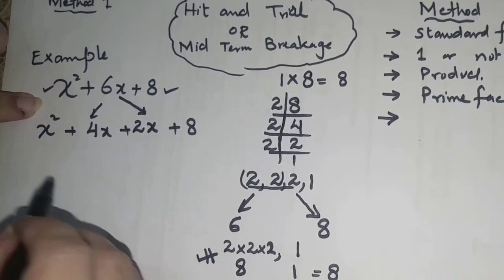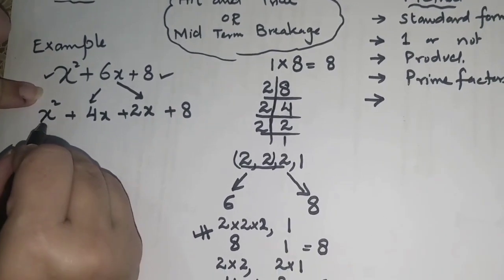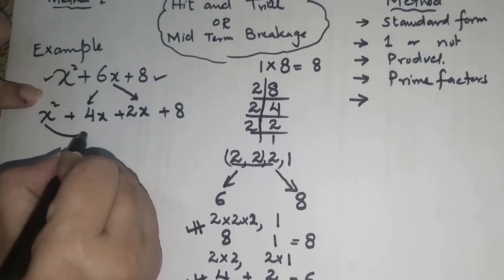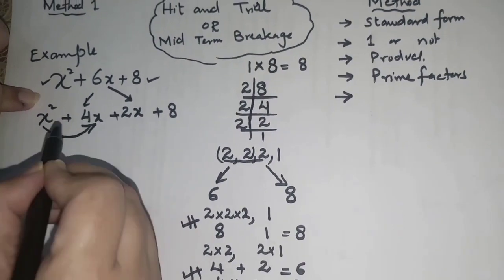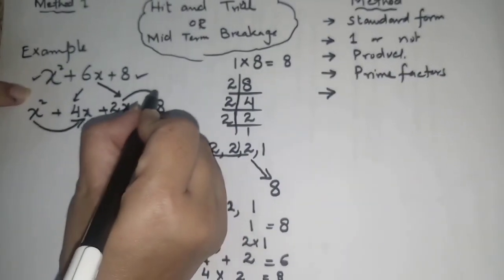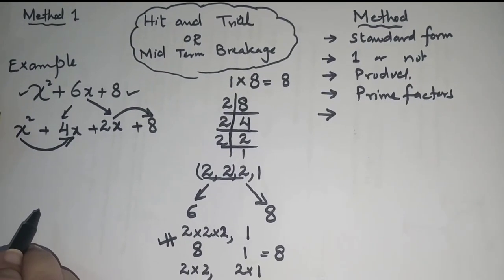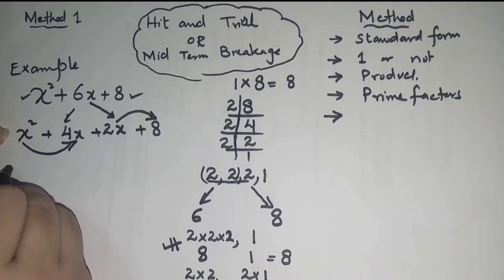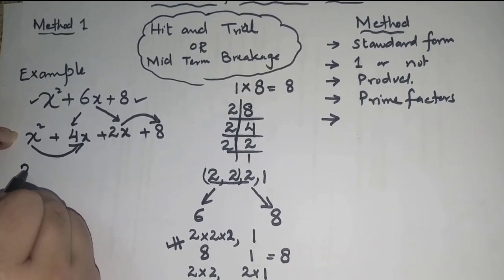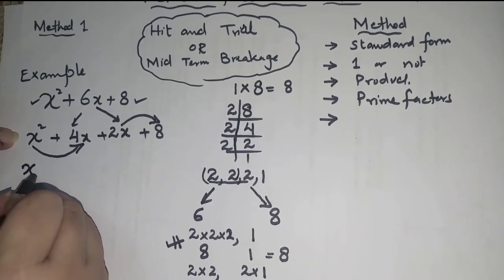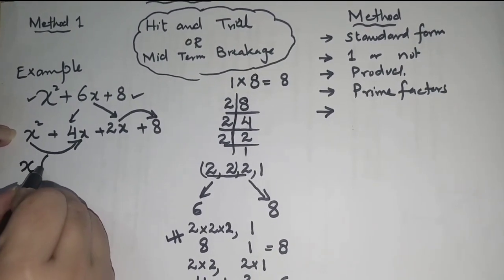After dividing your expression into 4 terms, you have to divide the expression into groups of 2 having something common in each group. If I look at the first group, I can see x is common. I have to pull out the common factor, and then write the bracket.